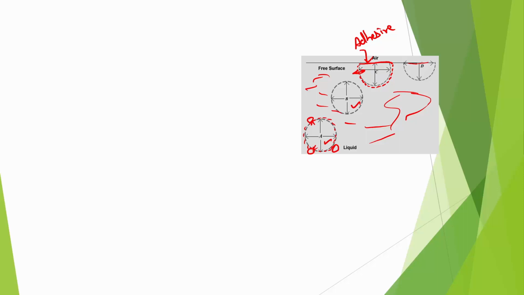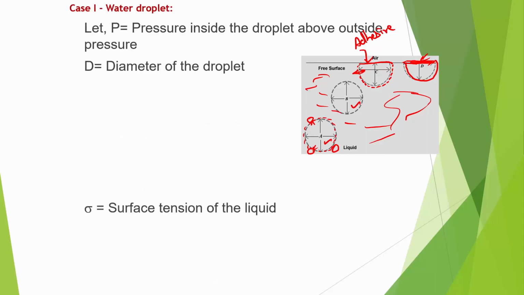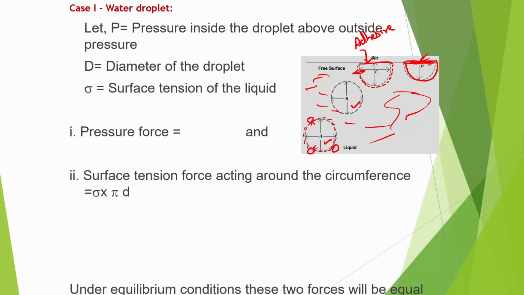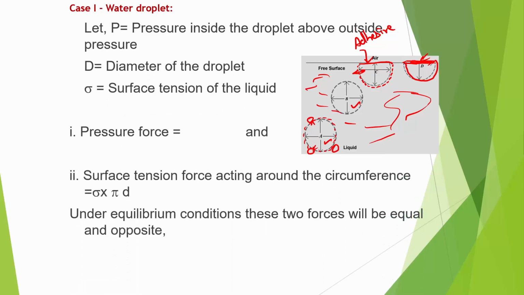Again, the molecule at D experiences the same kind of force. Throughout this 180 degrees it experiences cohesion, and at this surface along the border it experiences an adhesive force. Due to this there will be a slight tensile force, the stretching of the membrane will take place, which creates surface tension.